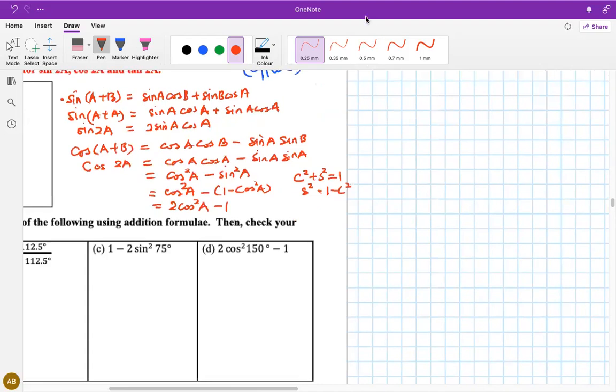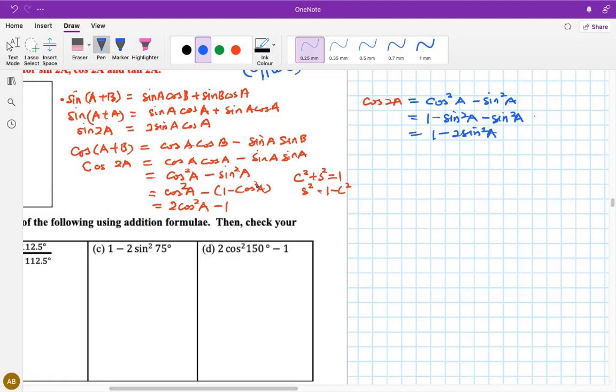And the same goes for cos 2A. Initially it is cos square A minus sine square A. So we change the cos square A into 1 minus sine square A, and then minus sine square A. So you get 1 minus 2 sine square A. So this is the other formula for cos 2A.